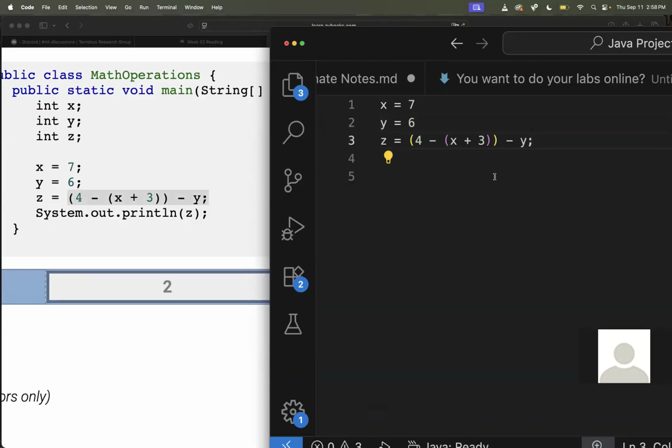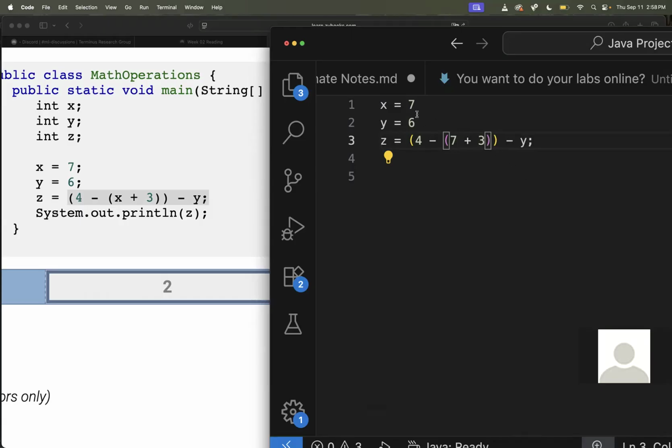But remember that the way this works is you have to evaluate the entire right-hand side. So I'll just work it out here. We have an X. What's X? 7, so you can take that 7 for X and put it in here. And then I see a Y. What's Y?